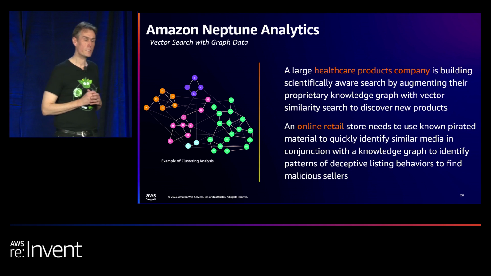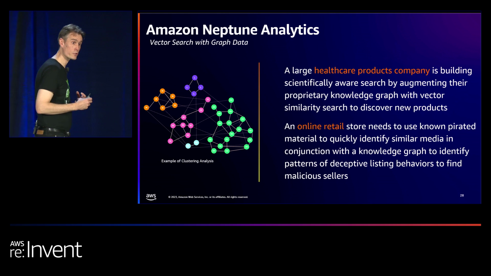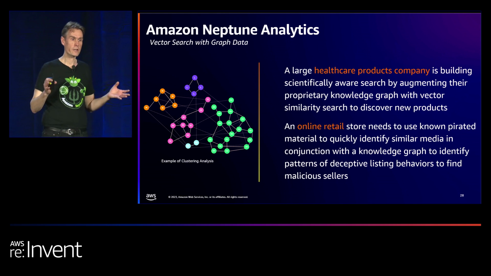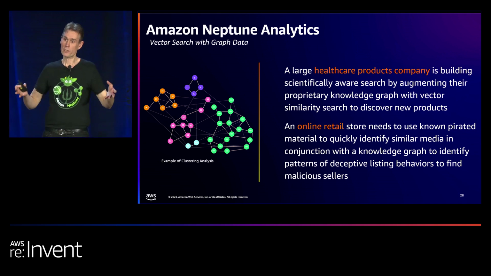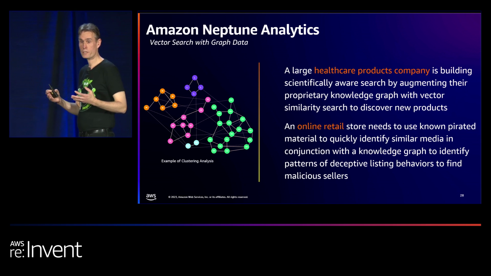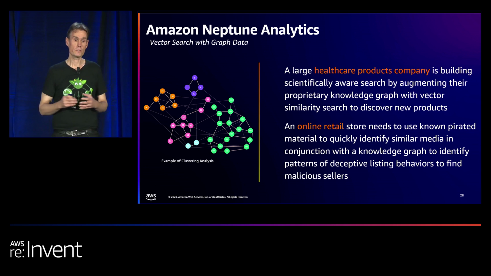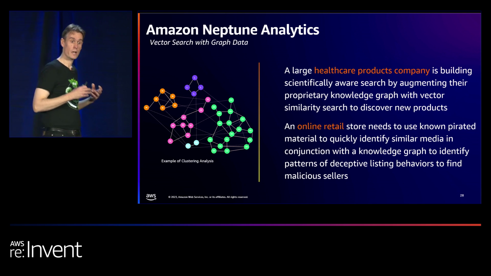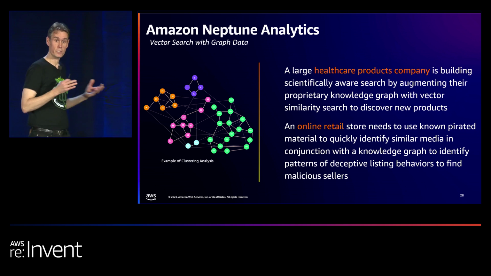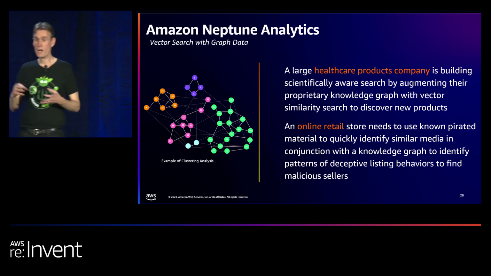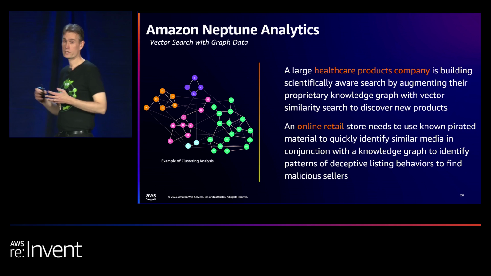And in the use case of graphs and vector search, we had a large healthcare company bring their knowledge graph of proprietary information about chemical compounds, disease, gene interactions, and protein pathways, and combine that and store vectors in that graph.